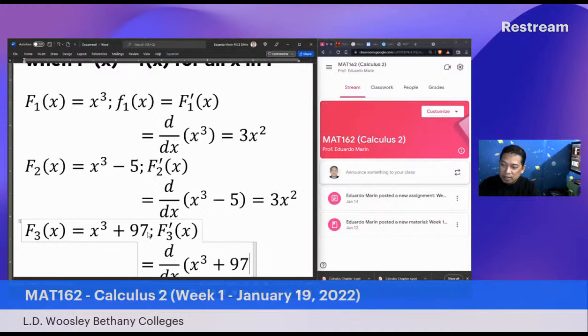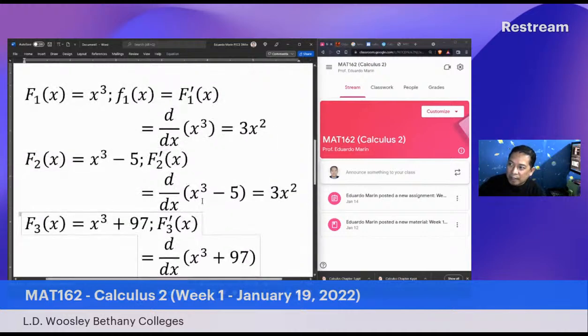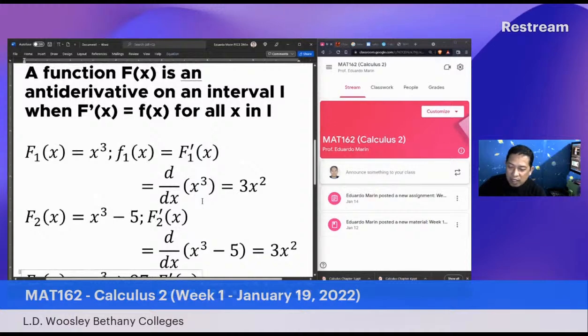Again, 97 is a constant, so the derivative would be 3x squared. Okay? So a particular function f of x has many antiderivatives.